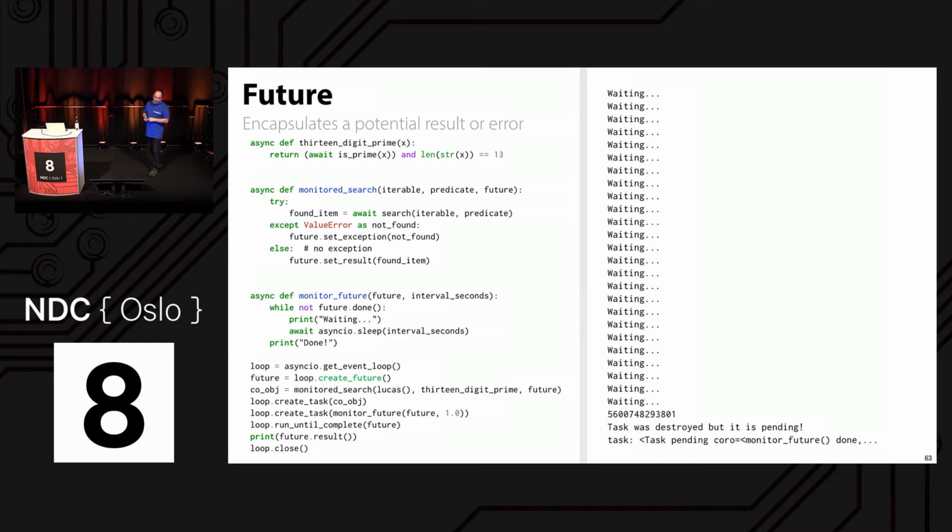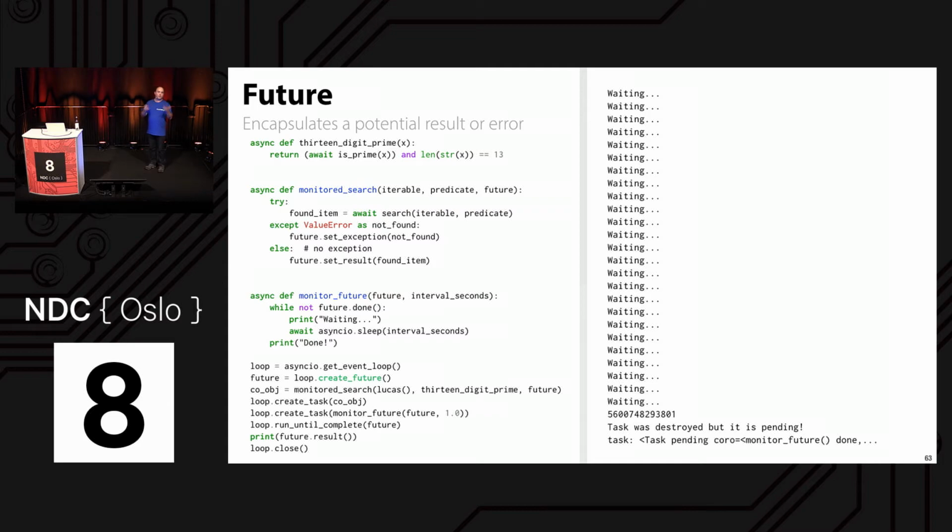I also have another coroutine there, monitor future, which will accept the same future object, and every interval seconds will print out the state of that future. So while the future is not done, print waiting, okay? And you'll see the main program down at the bottom there, I have that call to create future. I pass the same future instance into monitored search and monitor future.